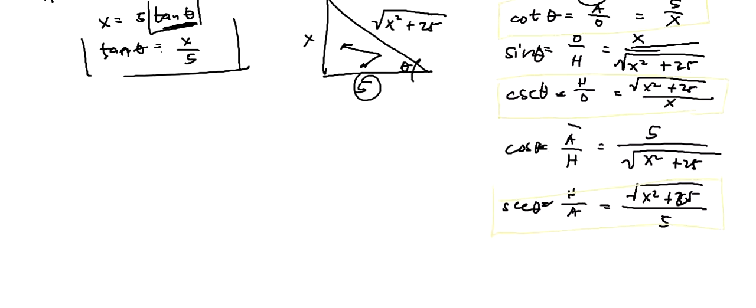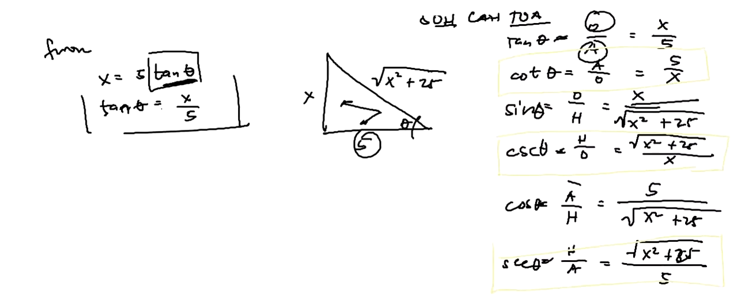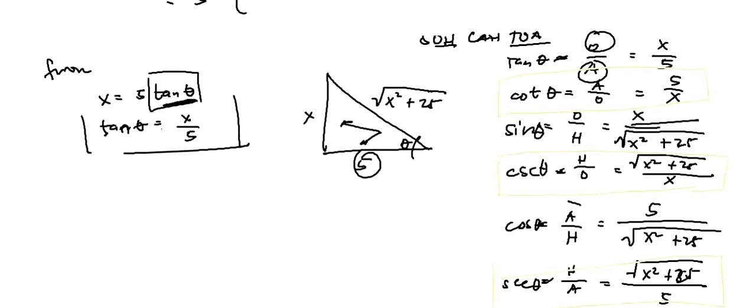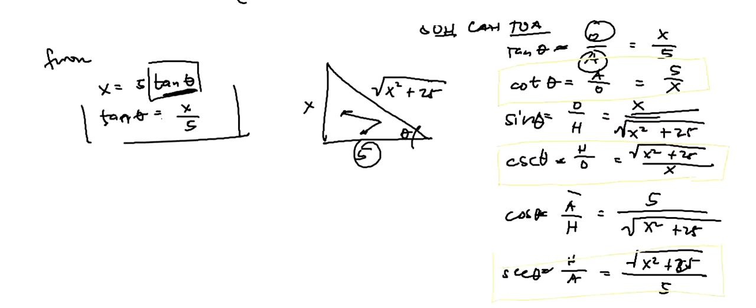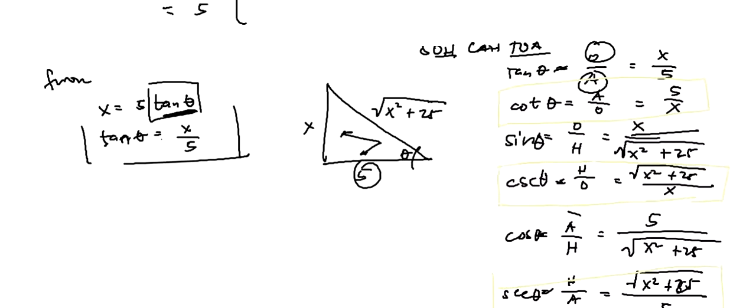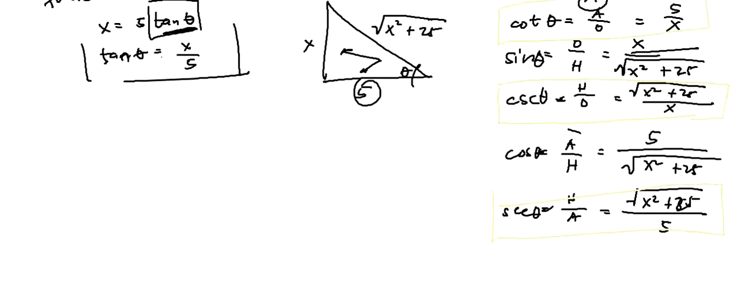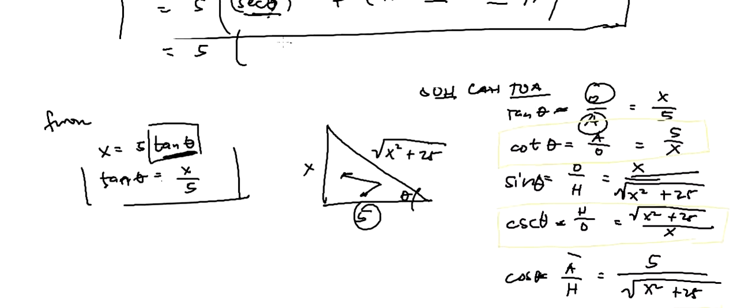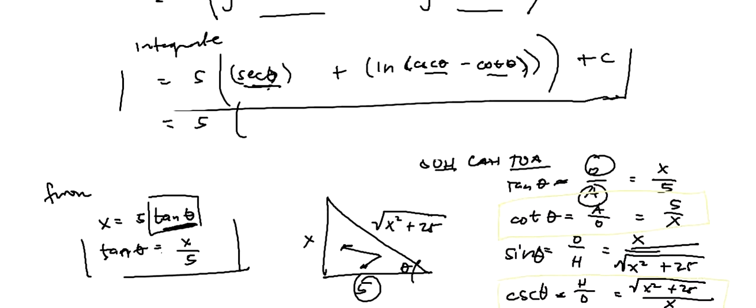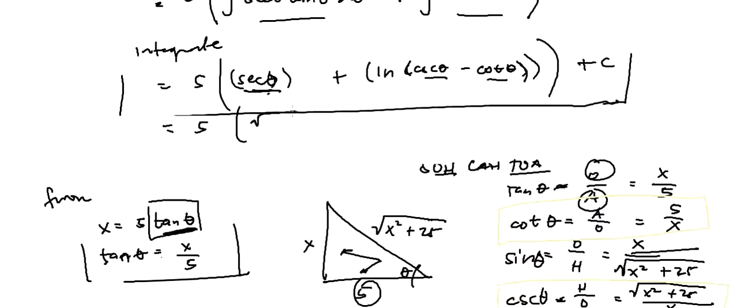So our square root of x squared plus 25 all over 5.